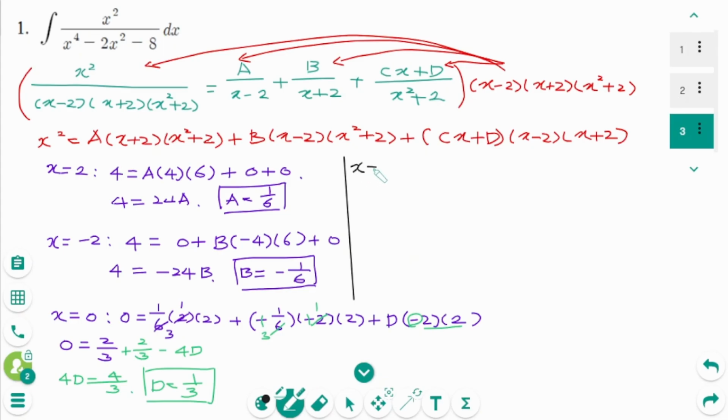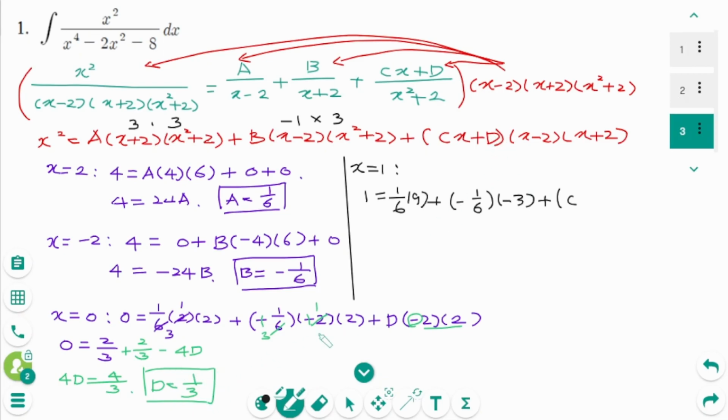To solve for c, if x equals 1, then 1 squared is 1 equals a, which is 1 over 6. Then 1 plus 2 is 3. 1 squared plus 2 is also 3. Then 3 times 3 is 9. Plus b, which is minus 1 over 6, times 1 minus 2 is minus 1, times 1 squared plus 2 is 3, which is minus 3. Plus c times 1 is c.